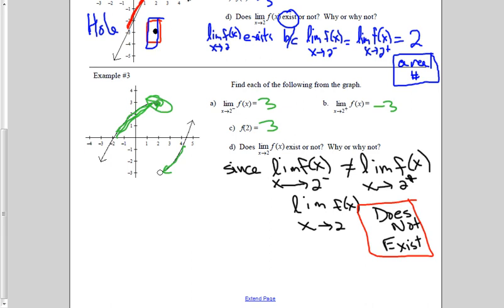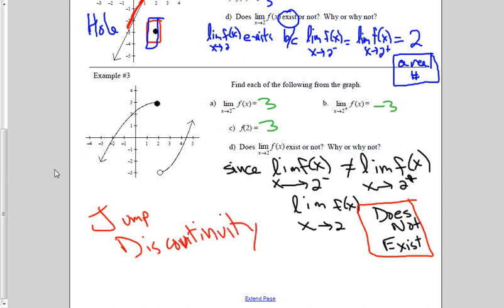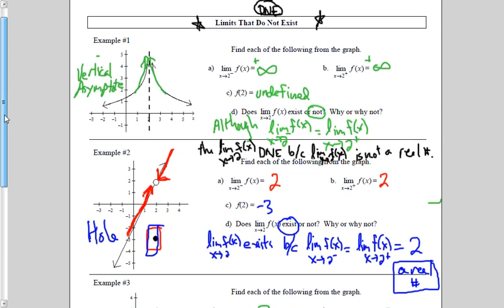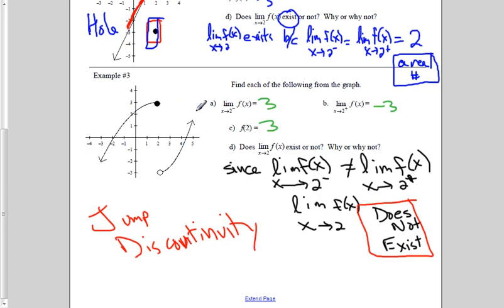If I erase these really quick, this is known as a jump discontinuity. So with these three examples, we see a jump discontinuity, a hole, and a vertical asymptote. Those are three times where limits do not exist.